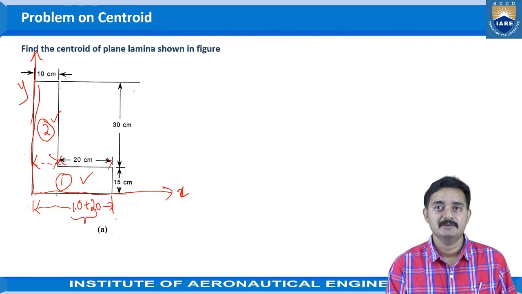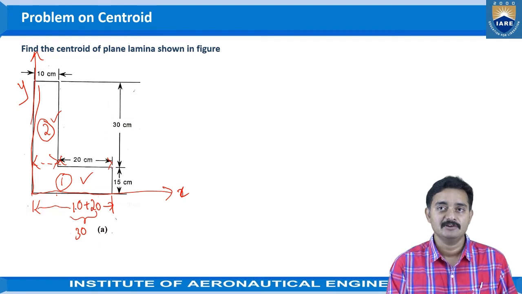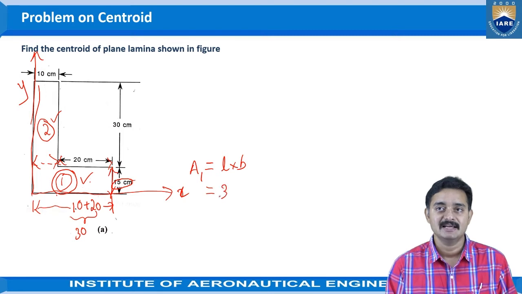So overall it will be 30 centimeters. And the height of this rectangle can be obtained as 15 centimeters. That is given. Right? So from this we can calculate the area A1. The area of the first rectangle can be obtained as length into breadth. So that can be taken as length 30 into breadth 15. So overall we obtain 450 centimeters square.